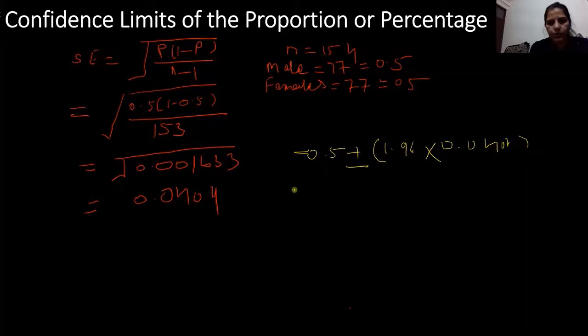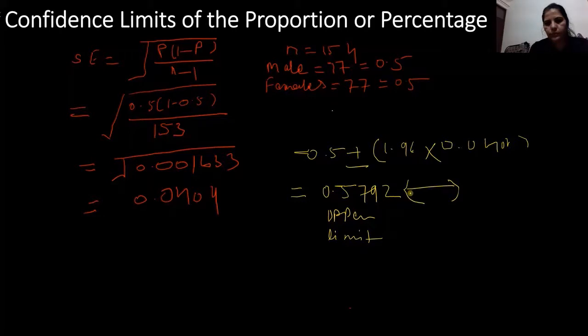In this way it will produce the upper and lower limits of this male proportion, which will be calculated to 0.5792, this is the upper limit, and 0.4208, this is the lower limit.